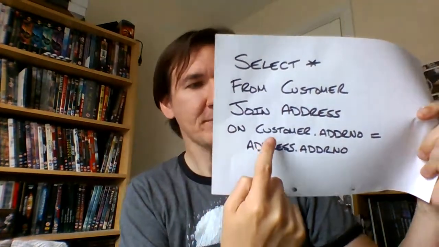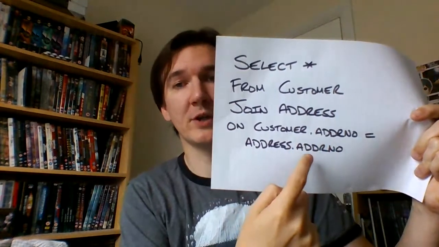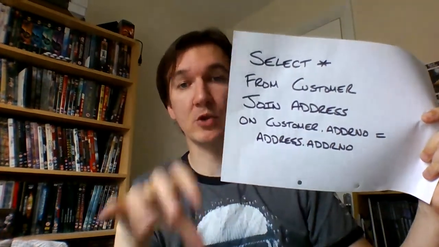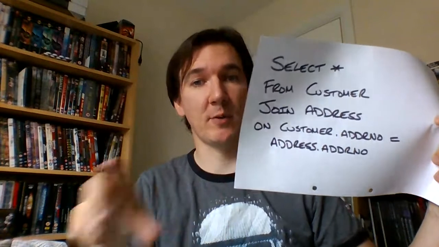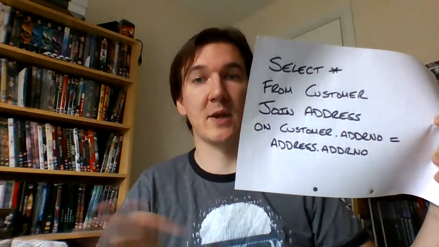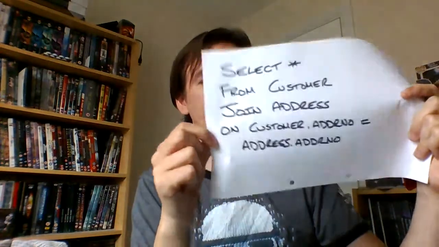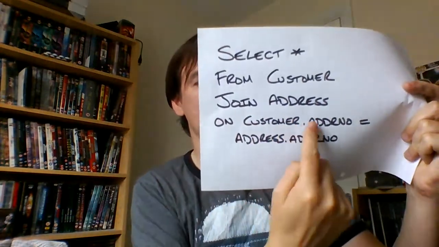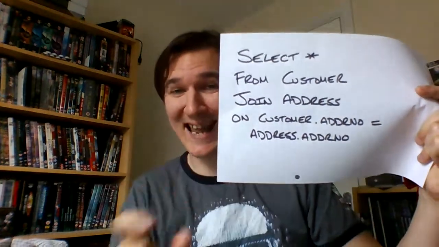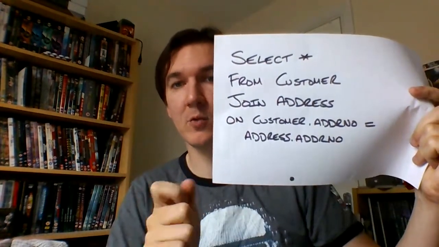Because the column is called address number on both tables, you can't just say address number equals address number, because it wouldn't know which address number you mean. If you say table dot and then the column you need, it knows exactly what column and table you mean.